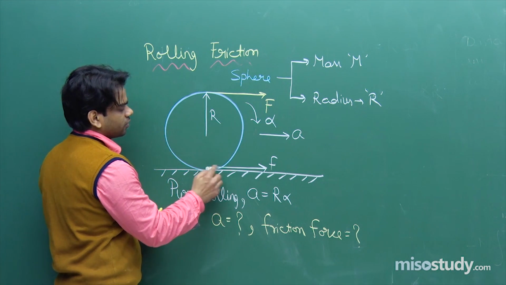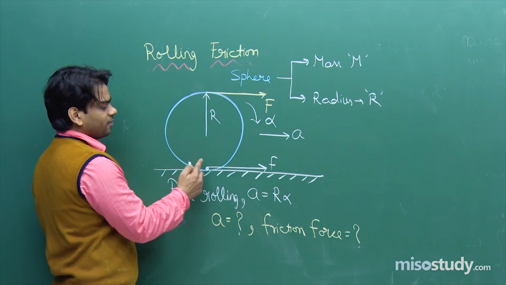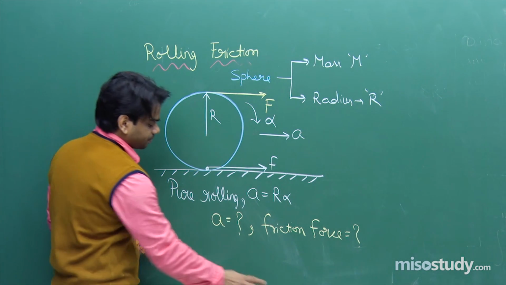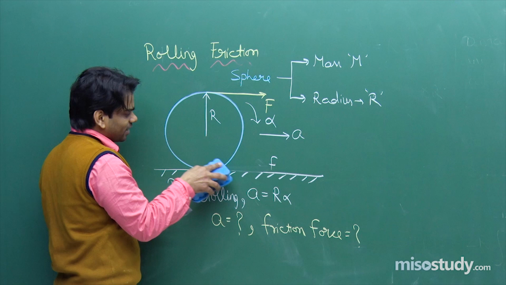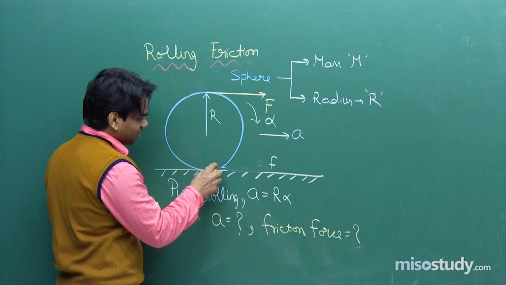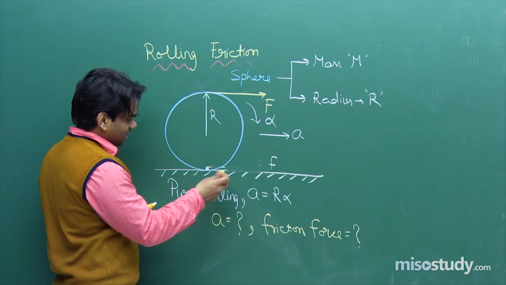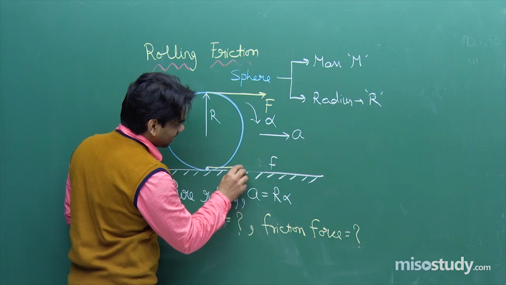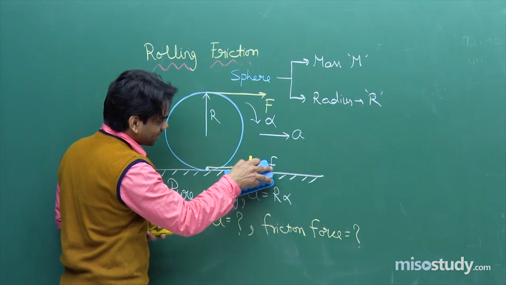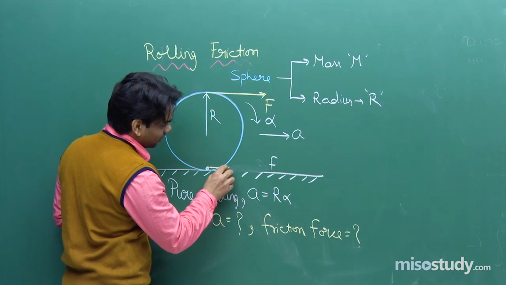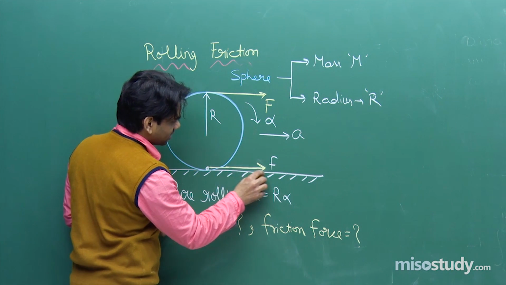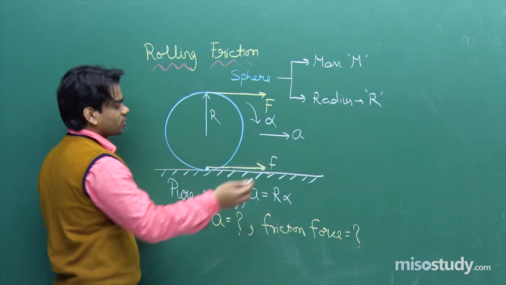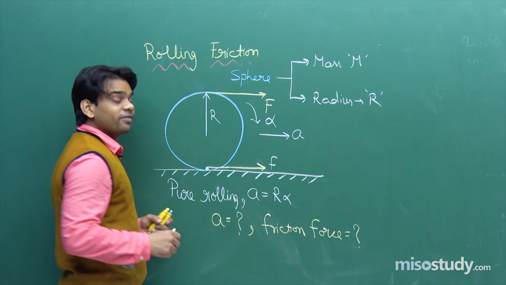I have shown the friction force a bit elevated to show it separately, in a different color because two white colors are matching and you might get confused. Let's say the friction force is acting along the forward direction and its value is small f. This is the direction of the frictional force that we have assumed acting on this sphere.